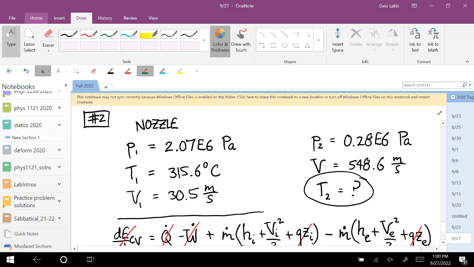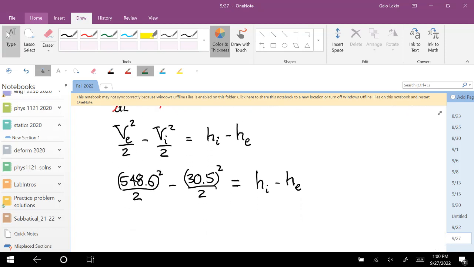And then we can do a sort of reverse lookup in the table to figure out the temperature at 2, because we'll have 2 of those properties, and any 2 properties are enough to look up the other ones. So it's easier to look stuff up with pressure and temperature, but we can look it up with pressure and enthalpy and look up the temperature.